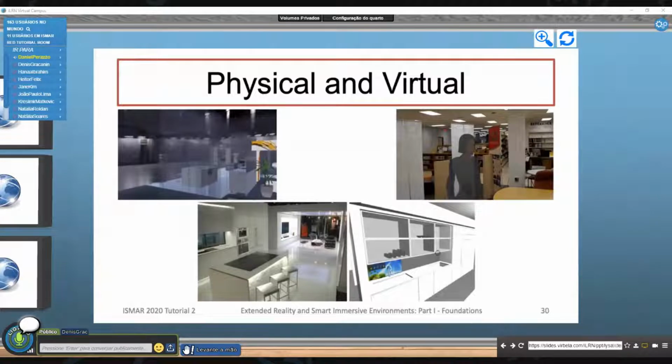But then also you can turn it around and use that to explore an existing physical space using your virtual character as a way to explore it.